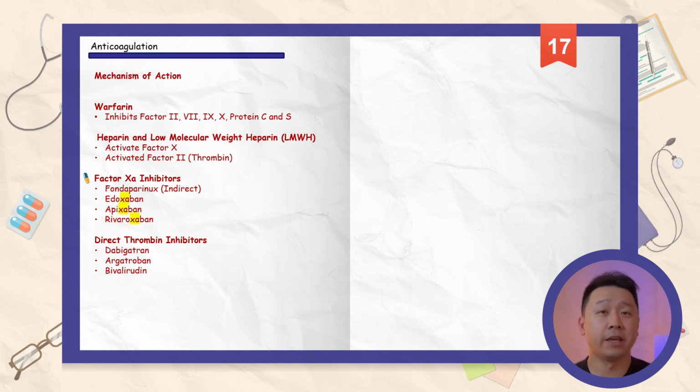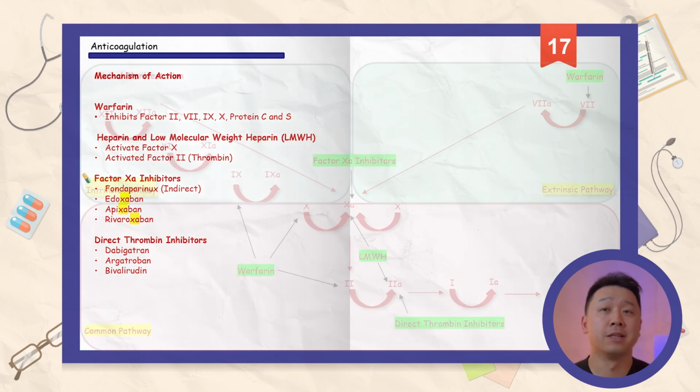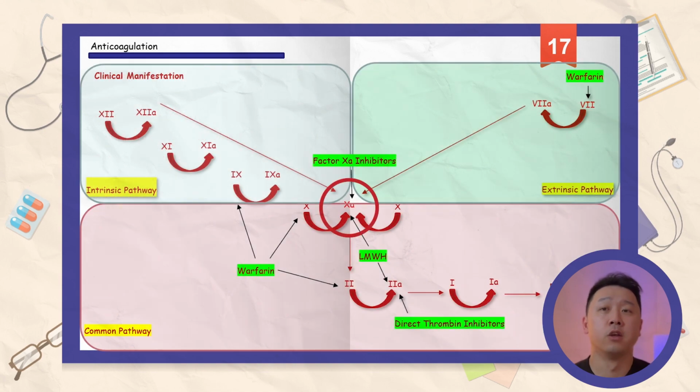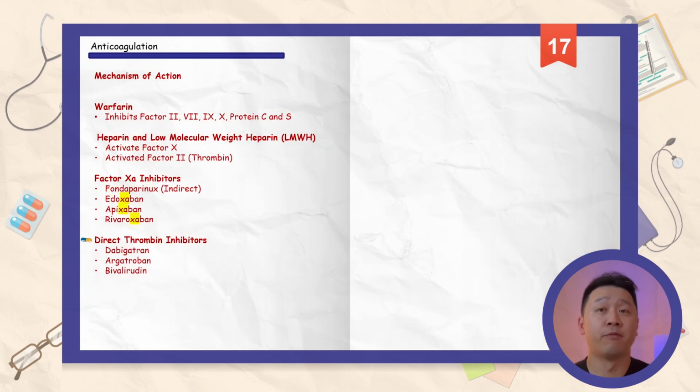Factor 10A, or activated factor 10 inhibitors, inhibit activated factor 10, which initiates the common pathway. And finally, direct thrombin inhibitors directly bind to thrombin. Thrombin, again, forms the fibrin mesh and also plays a pivotal role in the positive feedback loop that recruits more platelets as well as thrombin.